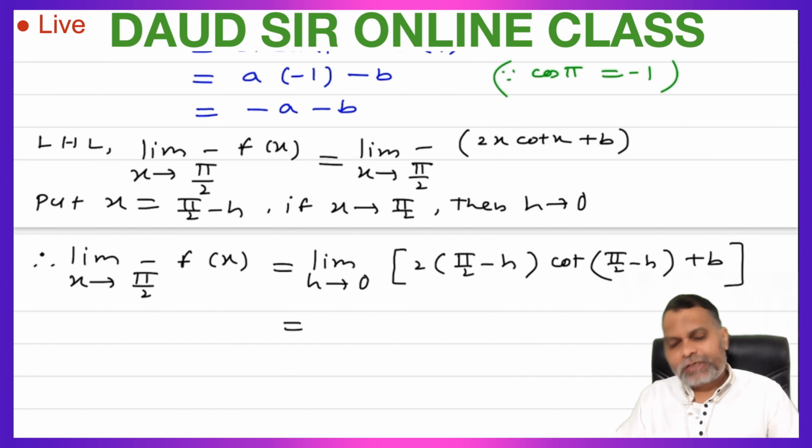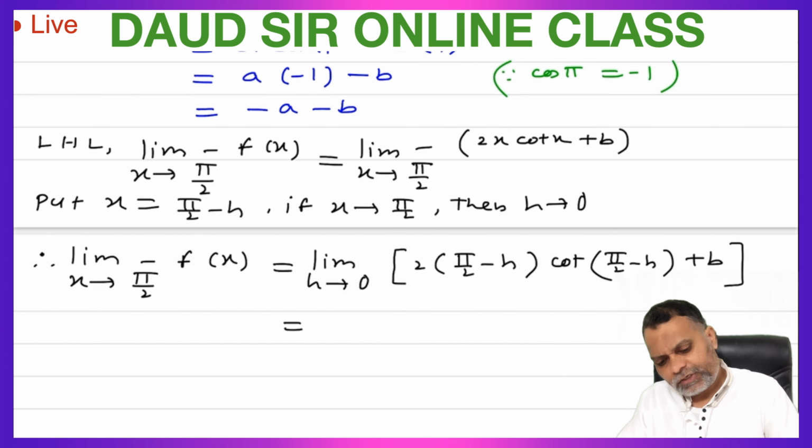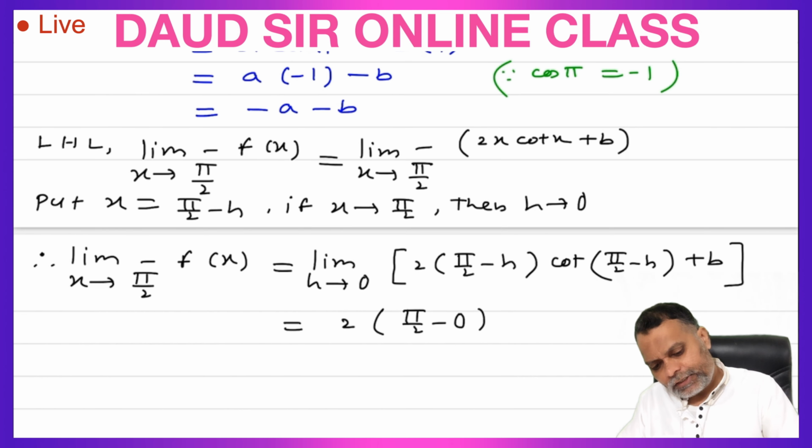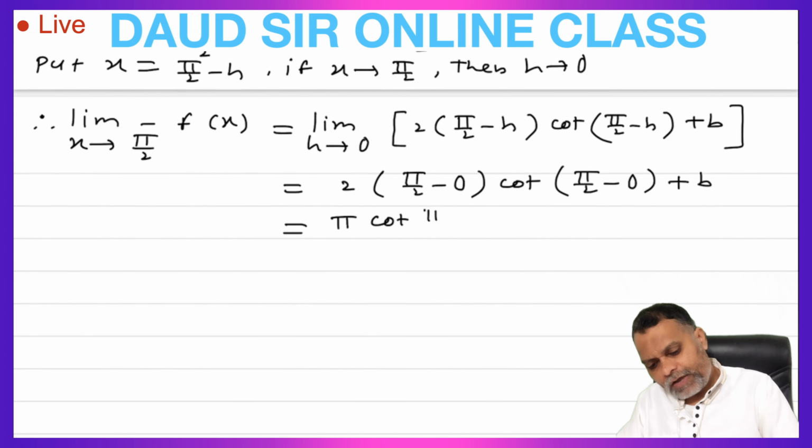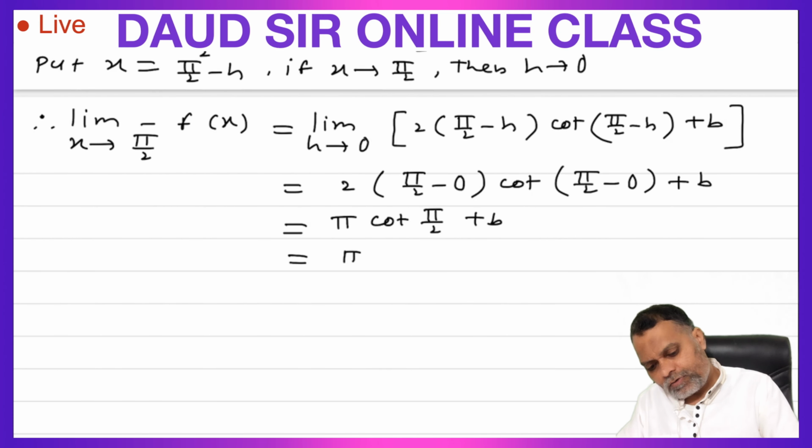The value of cos 90 is 0, so directly we can put h is equal to 0. 2 into pi by 2 minus 0 cot pi by 2 minus 0 plus b, which is equal to, this 2 cancelled, pi cot pi by 2 plus b. So pi into cot pi by 2, which is 0, plus b, which is equal to b only.